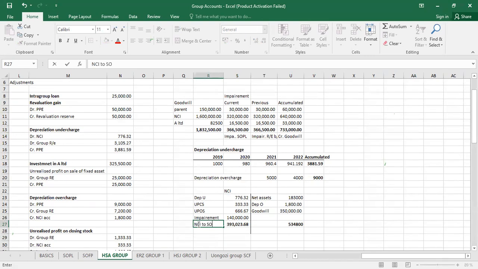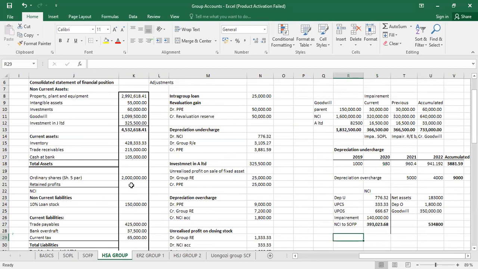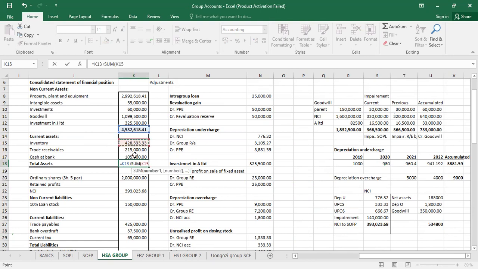I bring it in to the statement of financial position. So NCI here equal this one. I can also find the total here: equal this one plus the sum of these ones, plus the sum of current assets, control enter, control bold, Alt HB U for two borders that way.